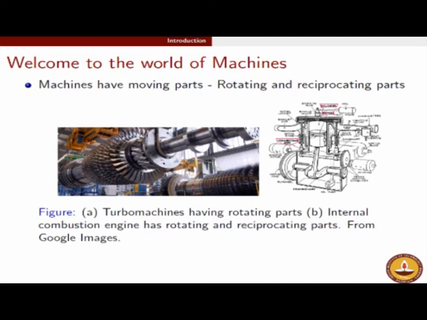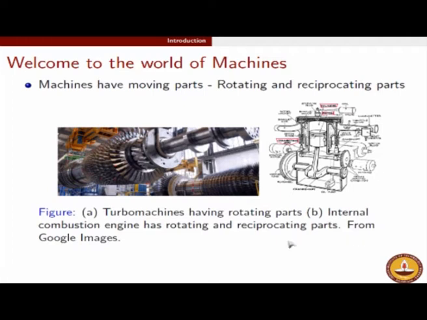Machines, as you know, is all about different moving parts. So here in this talk I am going to concentrate on two specific classes of machines, one rotating machines and the other which are having reciprocating parts. As an example of machines which have only rotating parts, you could see this machine, it is a turbo machine.